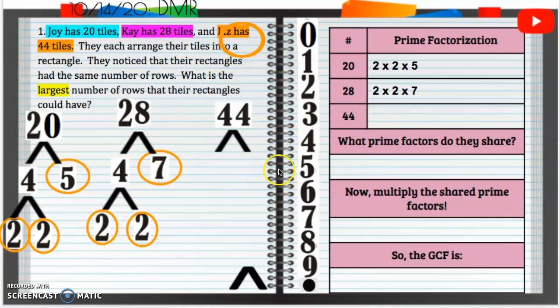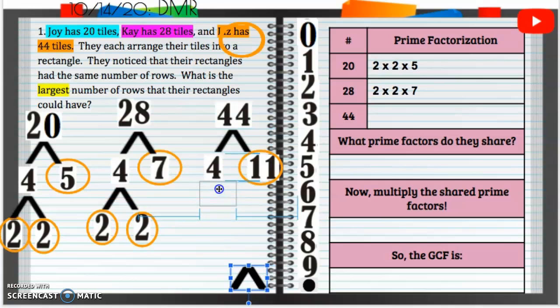What times what equals 44? Well, you could do a couple ways. You could do 22 times 2. I think of 11 times 4. Let's try 11 times 4, or 4 times 11. Is 4 a prime number? No, we could break that down again. But what about 11? Yes, 11 is a prime number because the only two factors are 1 and itself. You cannot break it down anymore.